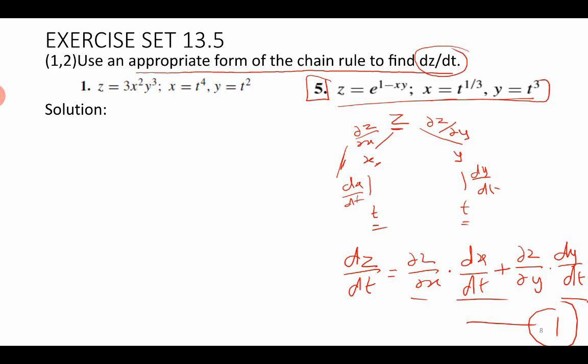That's it. What is dou z by dou x? Differentiate z with respect to x partially. What do you get? E raised to 1 minus xy. Derivative of exponential is the same, and then differentiate the elements in the power. When you differentiate 1, it will be 0, negative. Use product rule here for differentiating x and y.